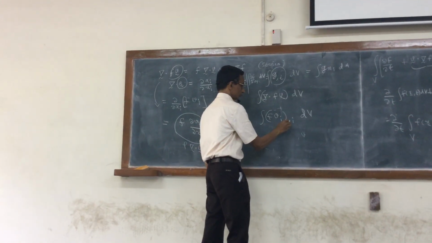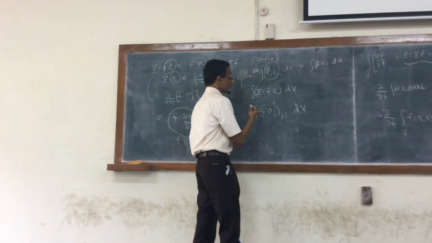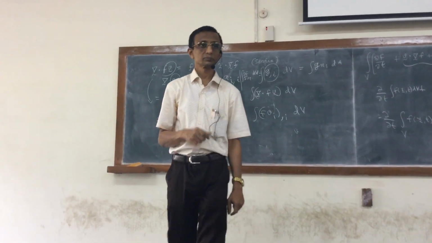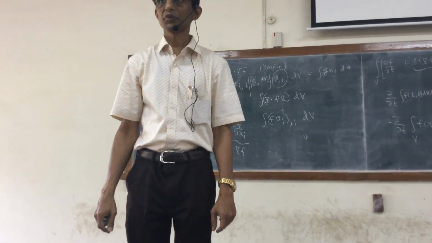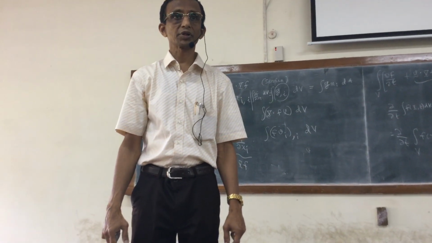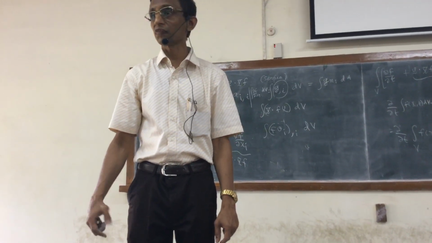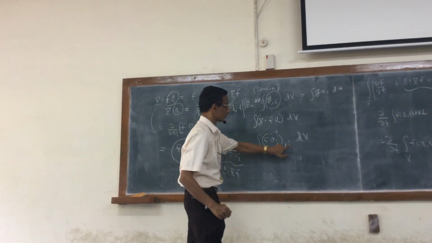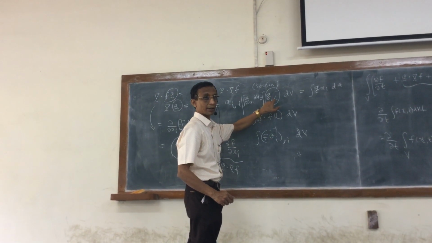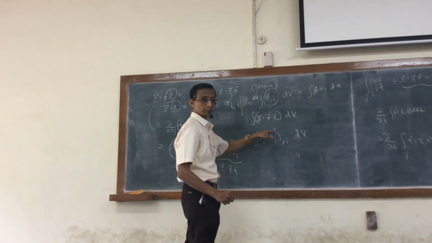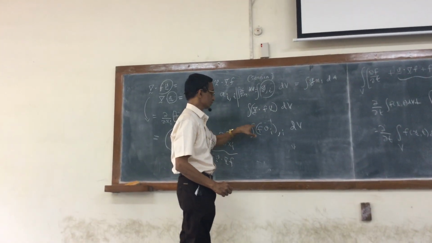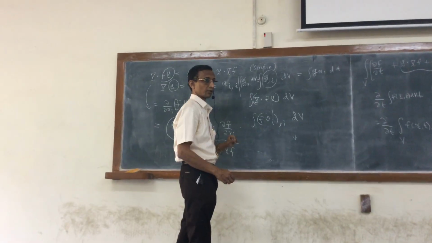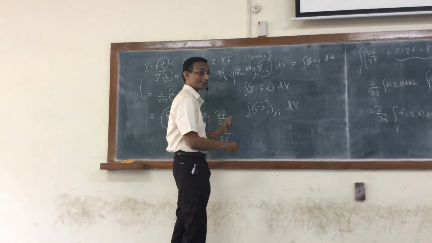So now, what is g? What is the function g? f times b_i, that's all. So you separate out the comma i, and look at what g is. So g is clearly f times b_i in this case.